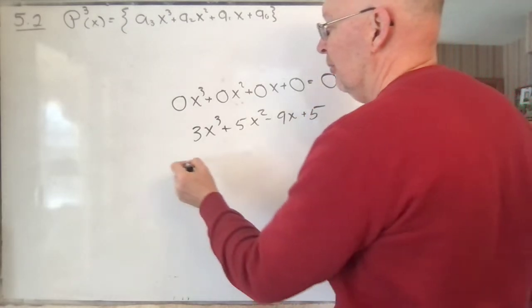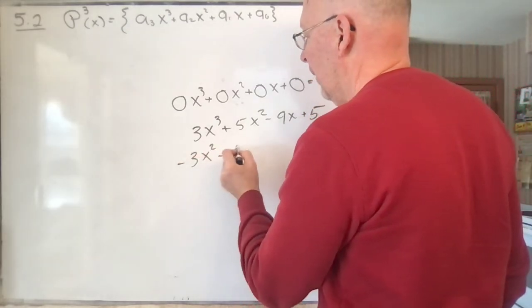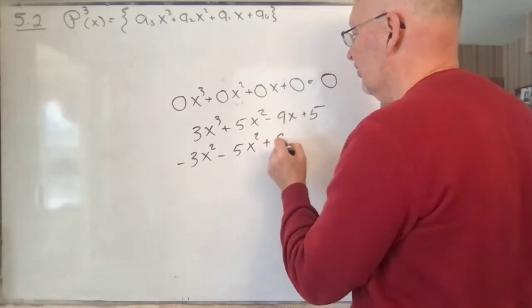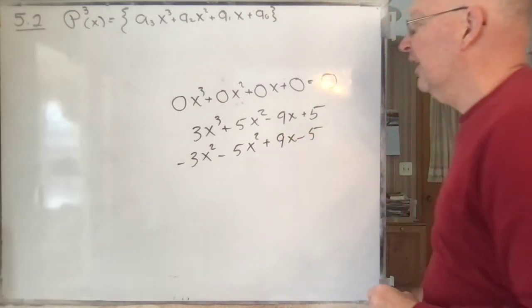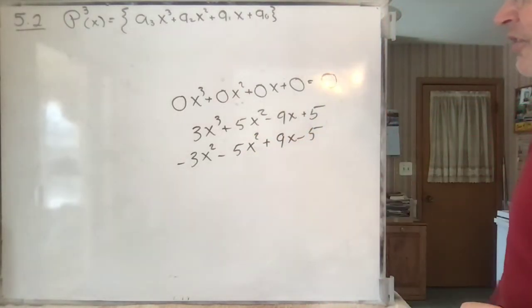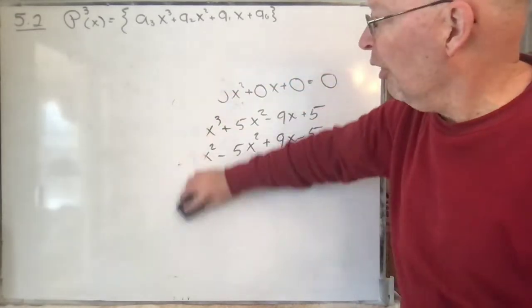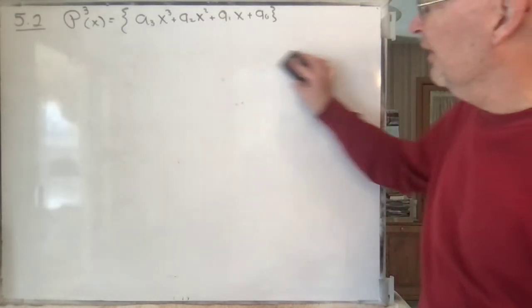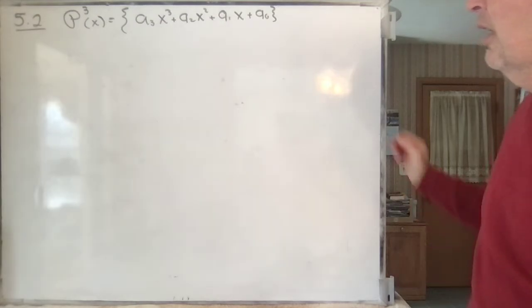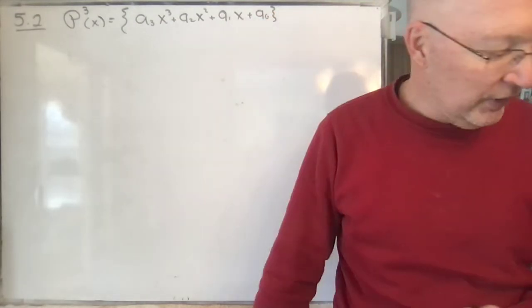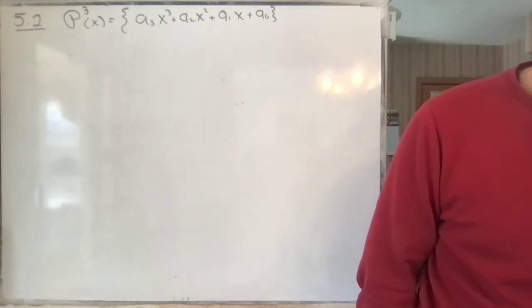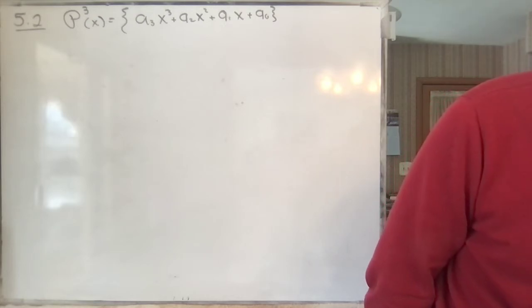Do you agree? It's going to be negative 3x cubed minus 5x squared plus 9x minus 5. You add those together and you get the 0 one. So you go through all those 10 properties, and yeah, they all are satisfied. So this is a vector space. Okay, that's a vector space. So that's the first thing you should note.